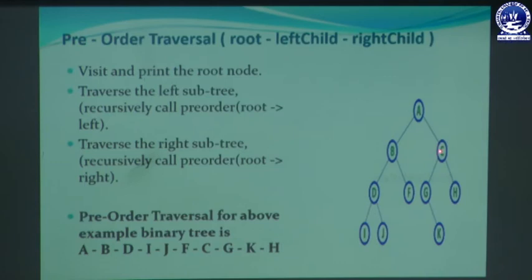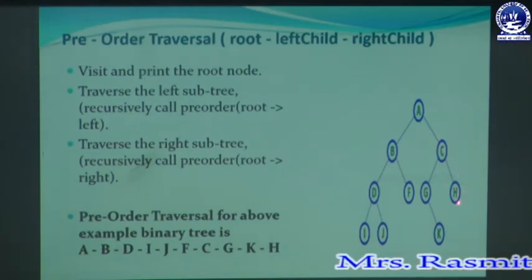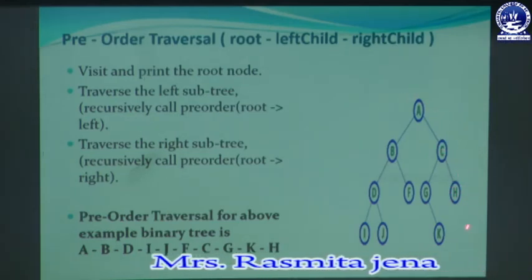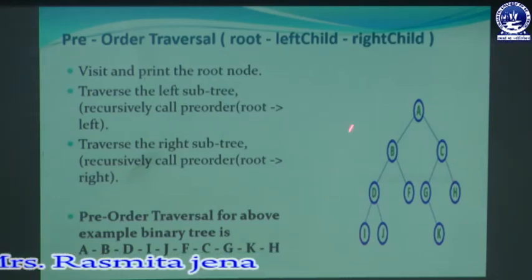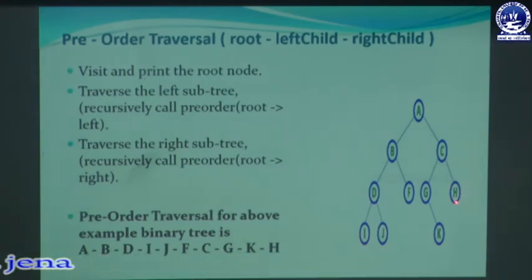So we go for the right subtree visiting, and there is only one node, H, which is present as the right child for the root node C. So we visit the right child H, and all the nodes present in this binary tree are visited after visiting the node H.